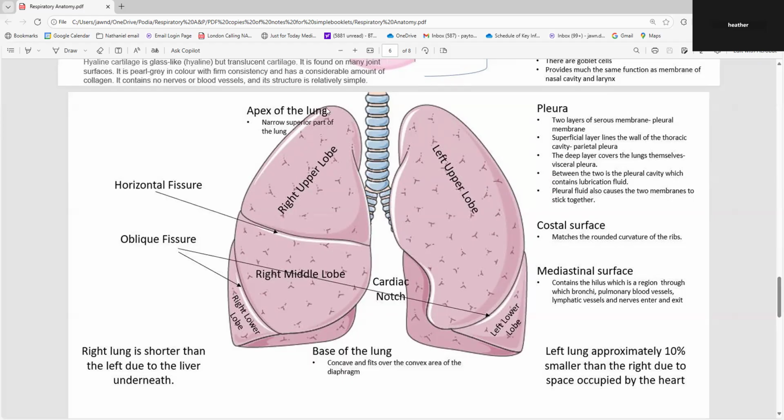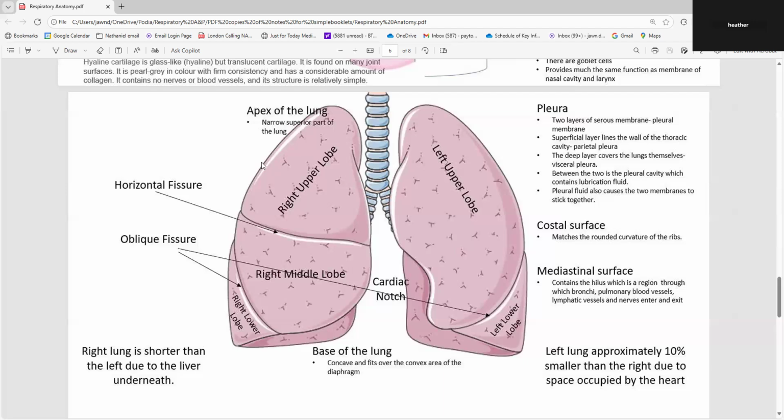The pleura, like I said, is two layers that sit all the way around the lungs. Okay, so the parietal pleura lines the wall of the thoracic cavity, and the visceral pleura covers the lungs themselves. And between the two is a pleural cavity which contains lubrication fluid, which makes those membranes stick ever so slightly together.